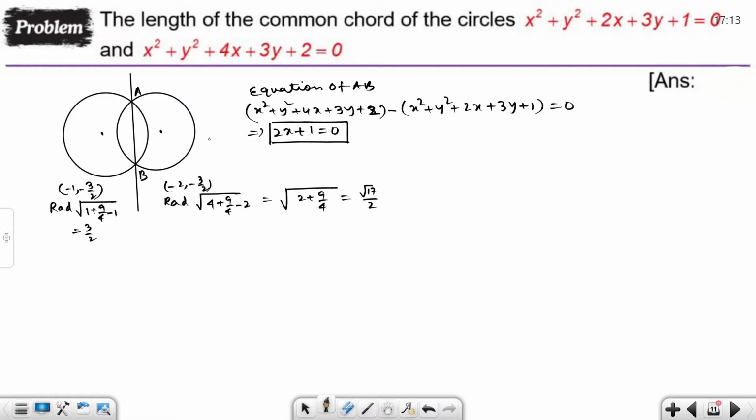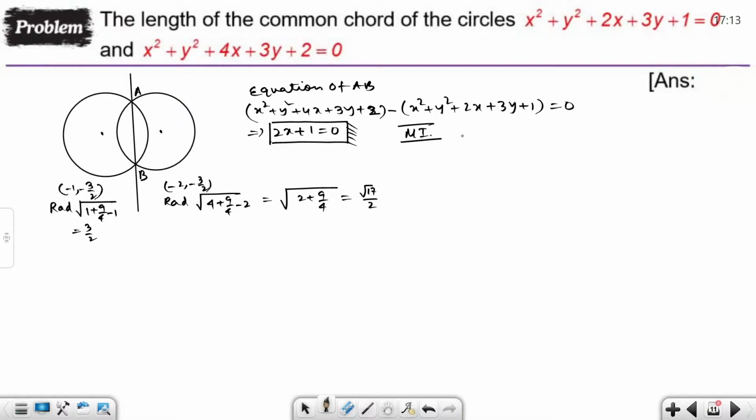Now remember one thing, to find out the length of AB, you can do it in two ways. Method one is, all you can do is you can simply solve this radical axis with any of these two circles. So there you are going to have the values of the extremities of AB.